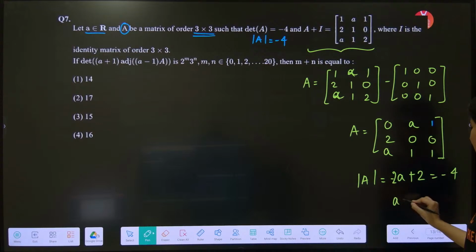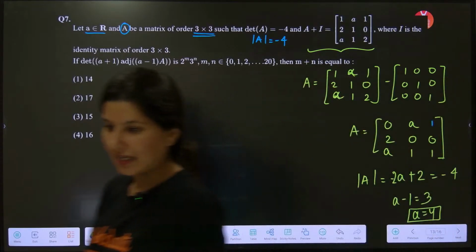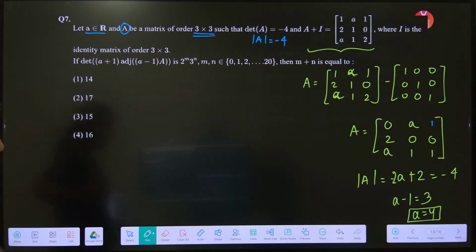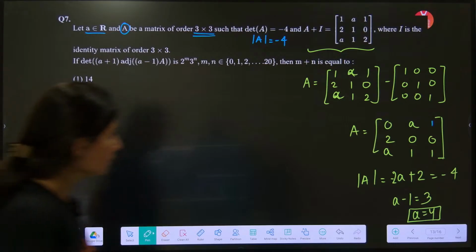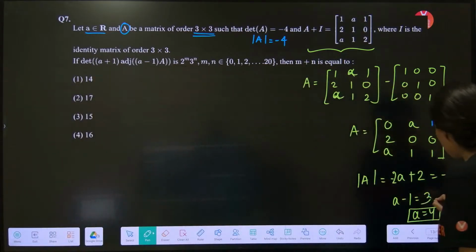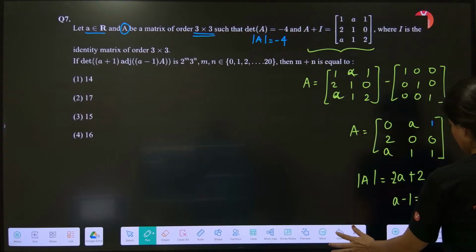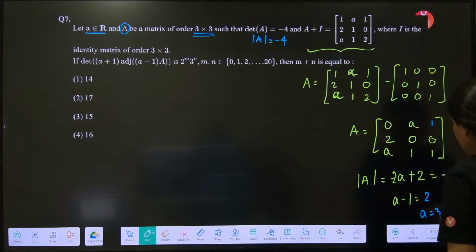Now A minus 1 is going to be 3, so A is equal to 3.